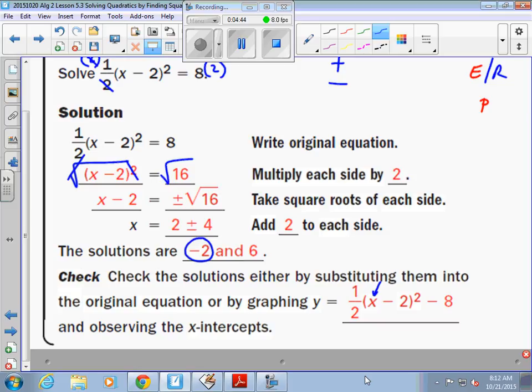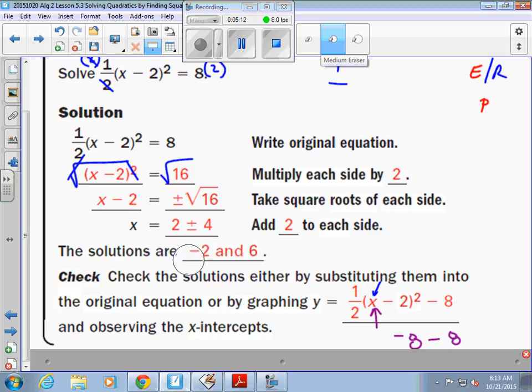Let's say when we plugged in 6 right here, 6 minus 2 is 4. 4 squared is 16, and half of 16 is 8. Let's say it came out to be negative 8, so the two sides are not equal. Then you would just eliminate one of the answers and you would say 6 does not work in that case.